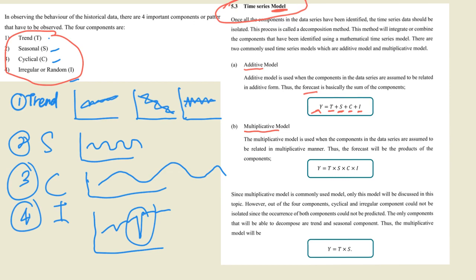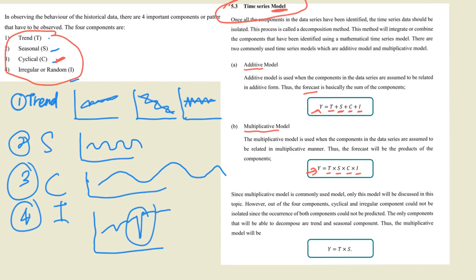It is also the same with the multiplicative model, but in order for you to forecast Y, you need to multiply T, S, C, and I. But since, like we discussed just now, for cyclical we need more than 10 years, maybe 20 or 30 years, in order for you to notice that the data is being influenced by the cyclical component, it is quite impossible for you to collect that kind of data.